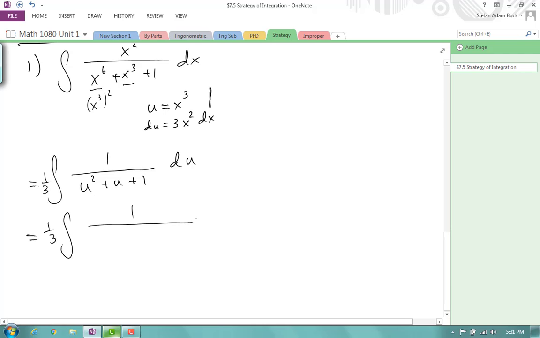1 over, see, if I had u squared plus, this is 2 times 1/2 of u, so I'm going to add 1/4 and subtract 1/4, and there's a plus 1 way out there, and du waiting patiently at the end.